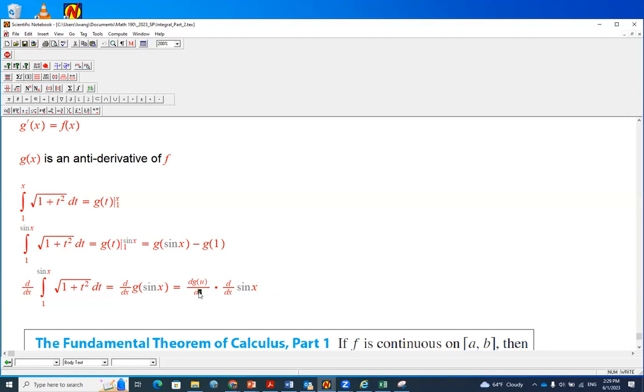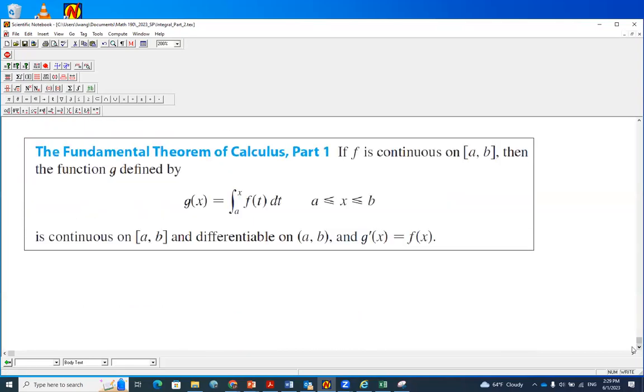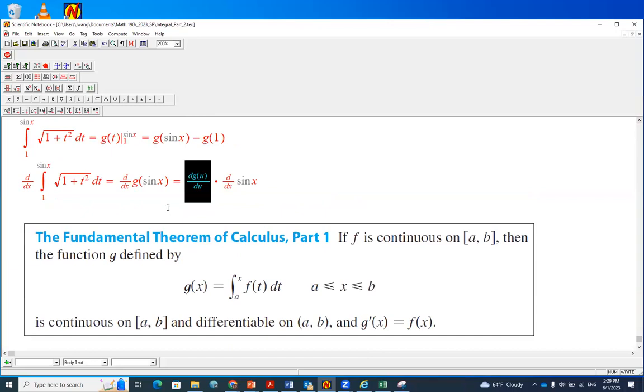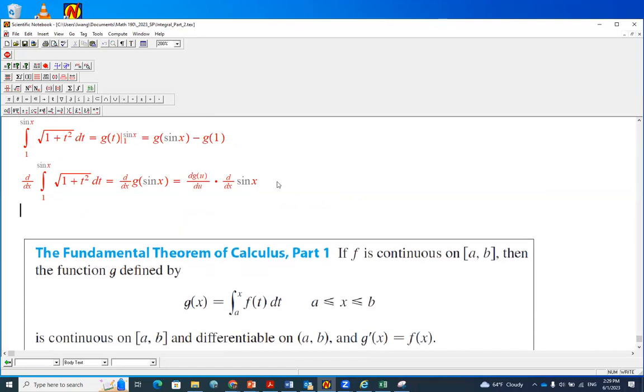The derivative of G we already have, this is g prime u. And the derivative of sine x, of course, is cosine x.